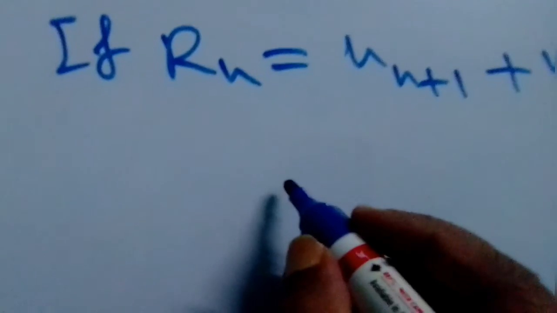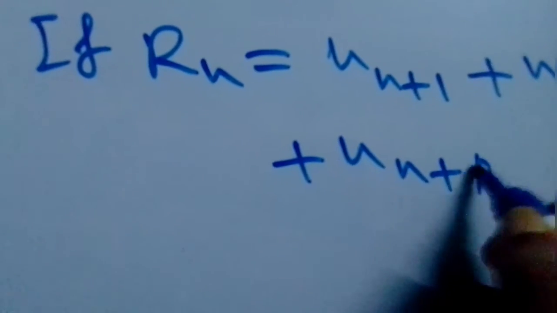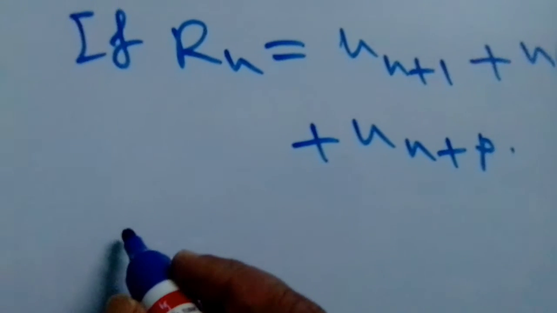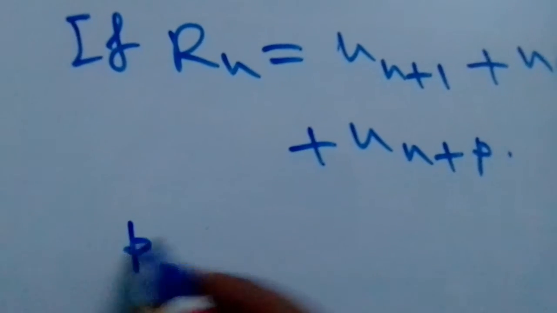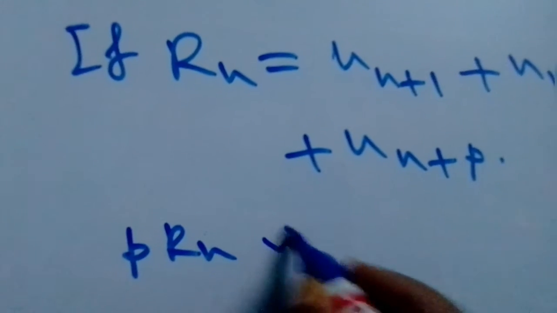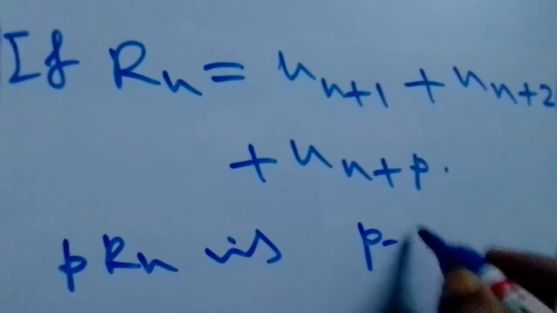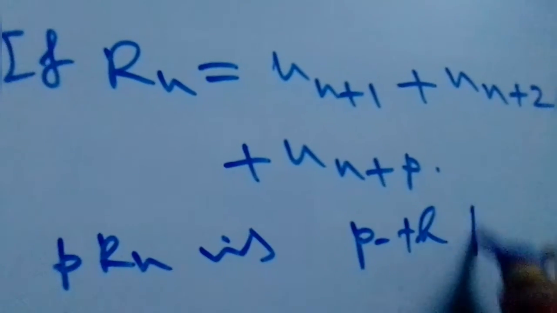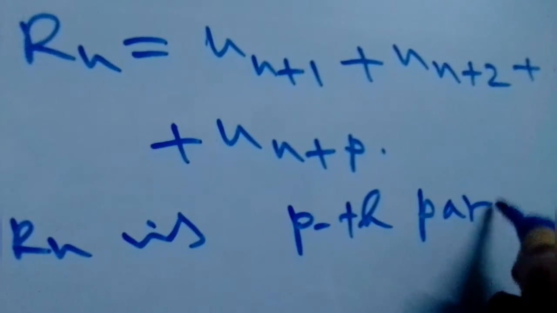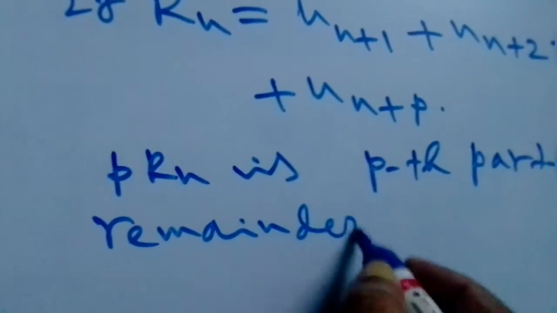In this manner we can write up to u of n plus p, and that is notationally written as Rn,p, the pth partial remainder.